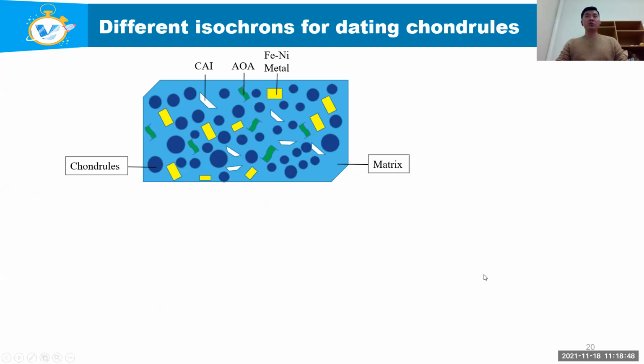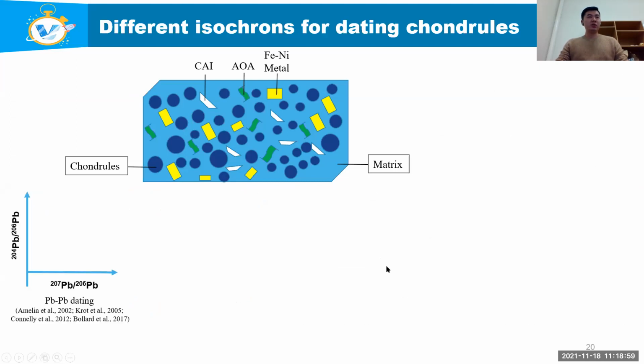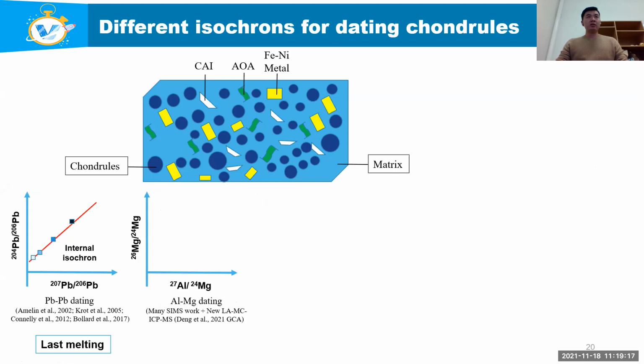Before I show my manganese-chromium ages, I want to explain the different chondrule dating methods. They have maybe different time significance or different isochrons. First is the uranium-lead leaching method, where they dated one single chondrule, and this is an internal isochron, which may reflect the last melting age. That is similar to the aluminum-magnesium dating.